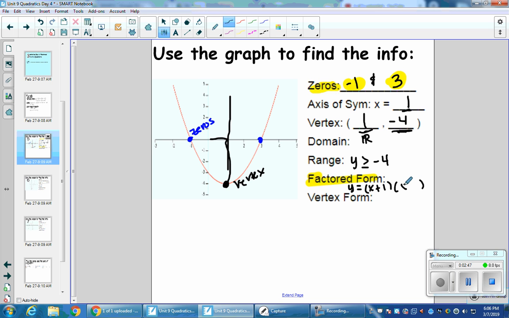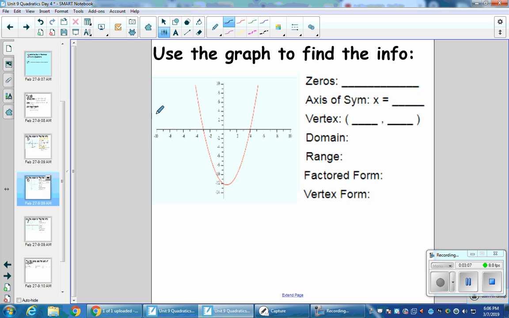So it's x plus 1 and x minus 3 because it was originally a positive 3. Right? And lastly, vertex form is the parentheses squared. That's our right, left, up, down. So if it goes right 1, we're going to write a -1 inside. And if it goes down 4, we're going to write a -4.